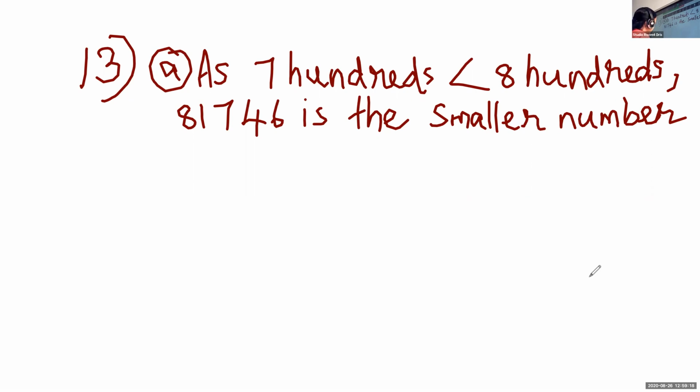Both are same for both the numbers. So which place is different? 100 place. So we are comparing 100 place. Then we found out that 7 and 8. So we are writing as 700s is less than 800s. Which number is the smallest? 81,746 is the smaller number.